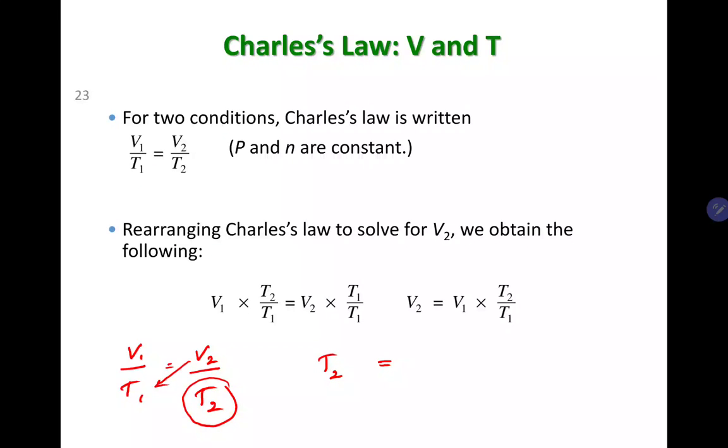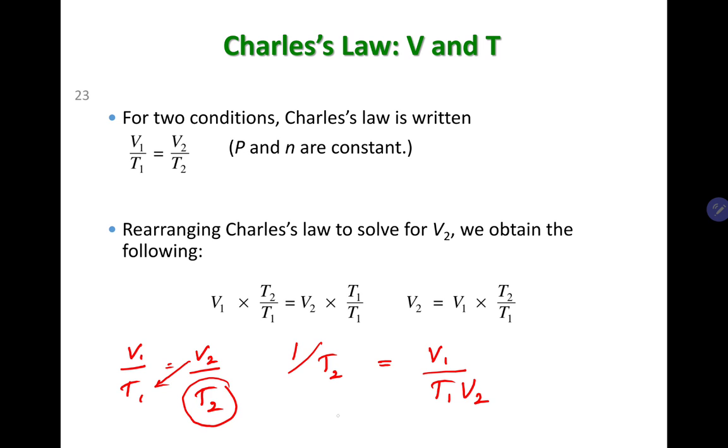You can cross multiply. If you cross multiply, what you get is 1 over T2 equals V1 divided by T1 and V2. But this is 1 over T2.